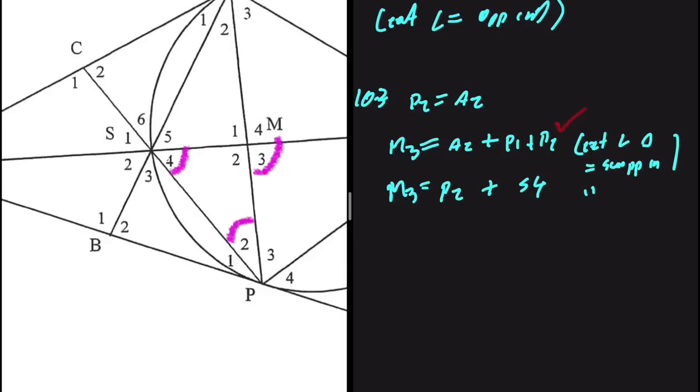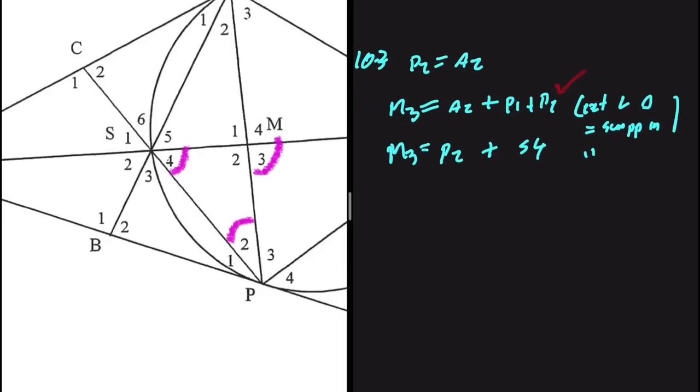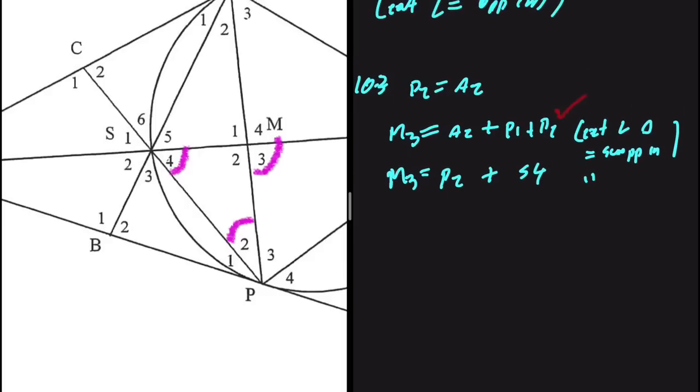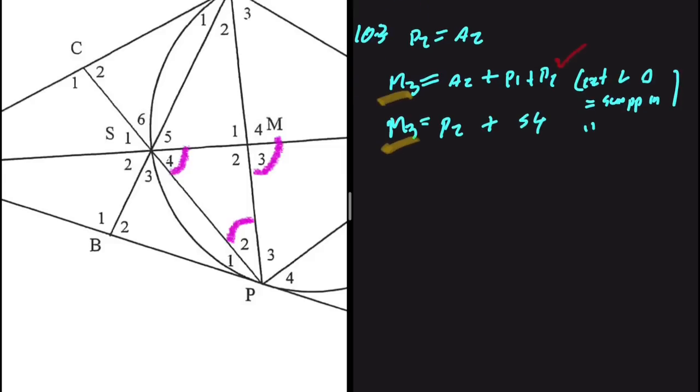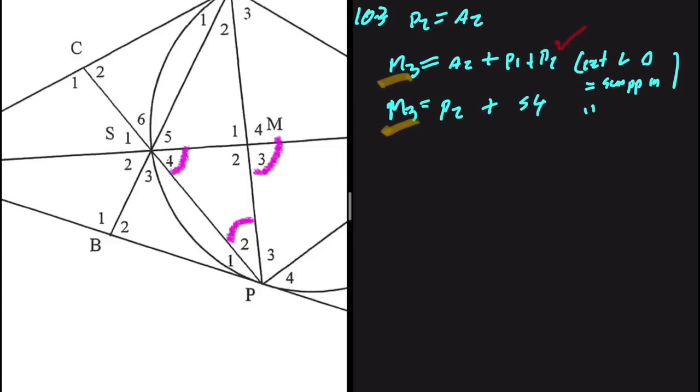It's just that now we are concentrating on a different angle, okay? Right, let's equate these two equations. I want you to realize something. If we equate these two, we're going to have A2 plus P1 plus P2 being equal to P2 plus S4, okay?